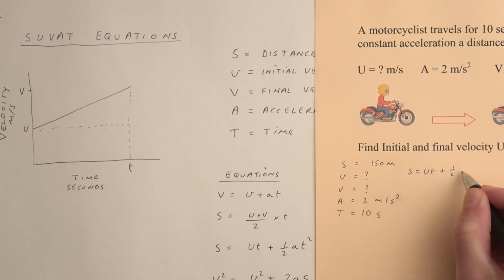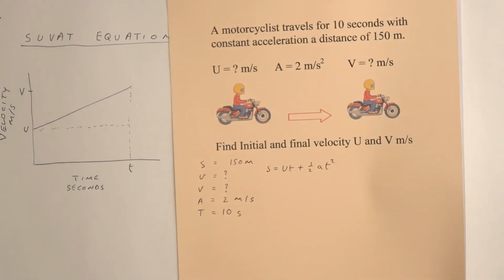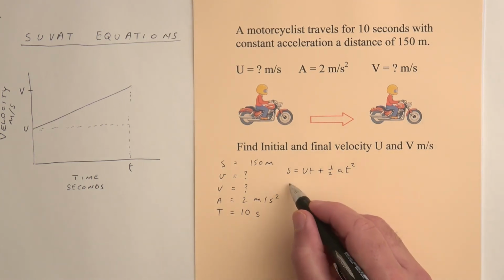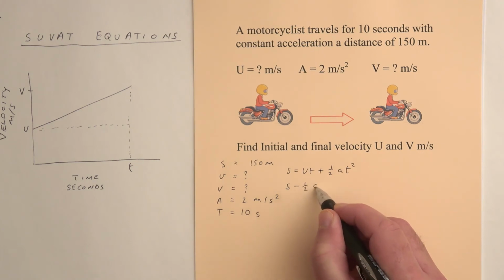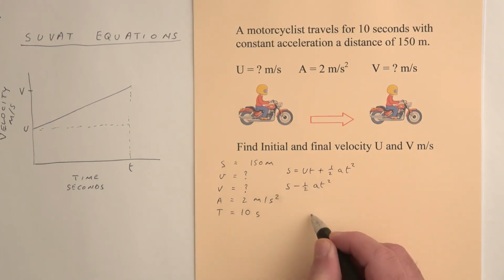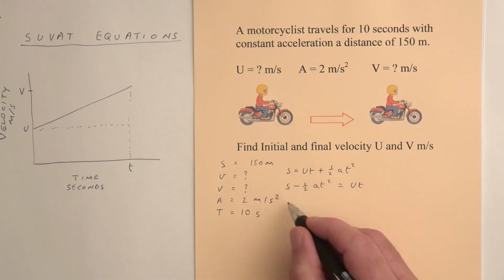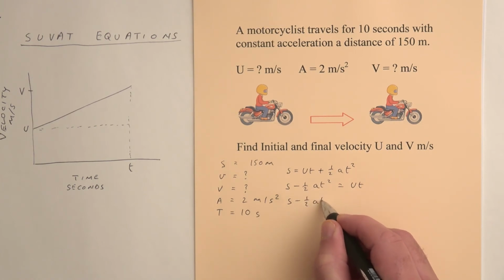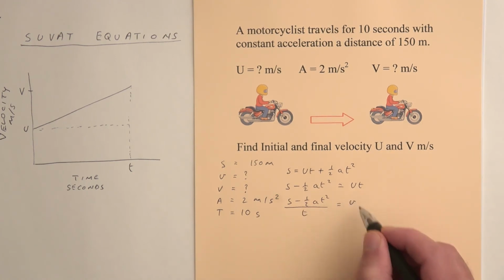And that will at least find the initial velocity for us, but again we've got to rearrange this equation, transpose it for u, the initial velocity. So I'm moving all of that half at squared over because it was adding, and it's now gone negative to the other side. Now that t is multiplying all of this, so we divide, and that gives us the initial velocity.